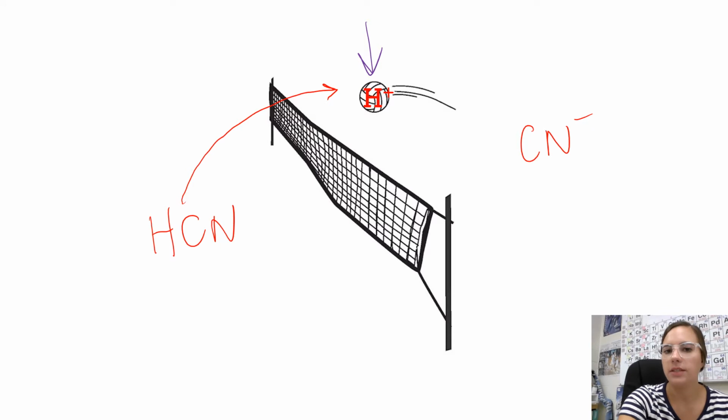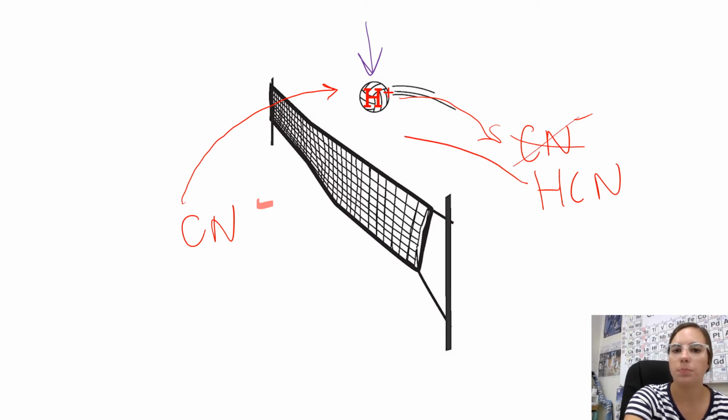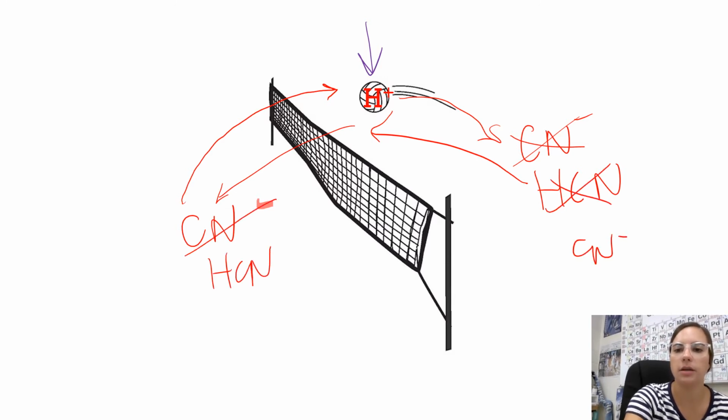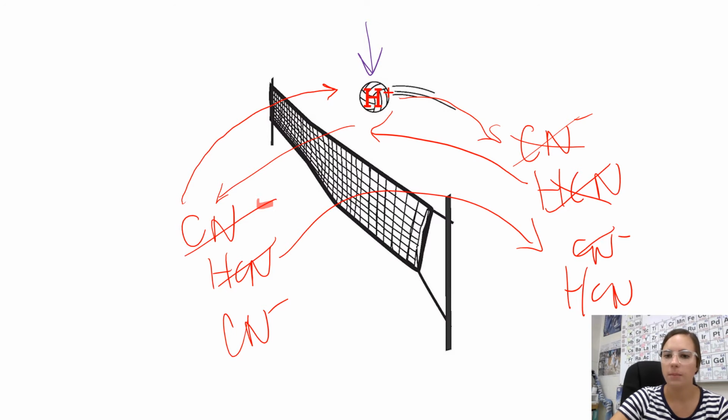Now if CN- takes in a hydrogen, it becomes HCN, and when this one gets rid of it, it's now CN-. Now if this HCN that we've formed hits the volleyball back, this becomes HCN, and this becomes CN-. And they can go back and forth. That's what makes them a conjugate acid-base pair.